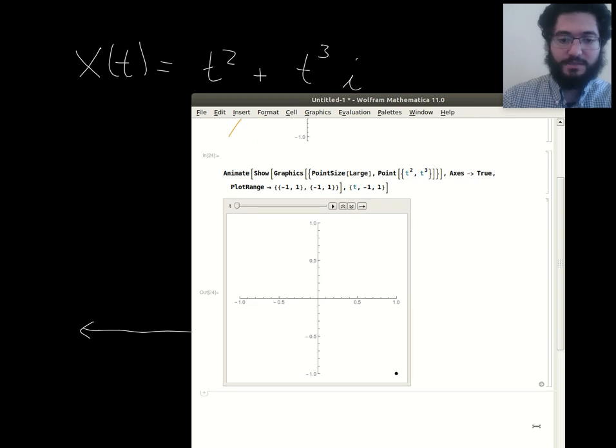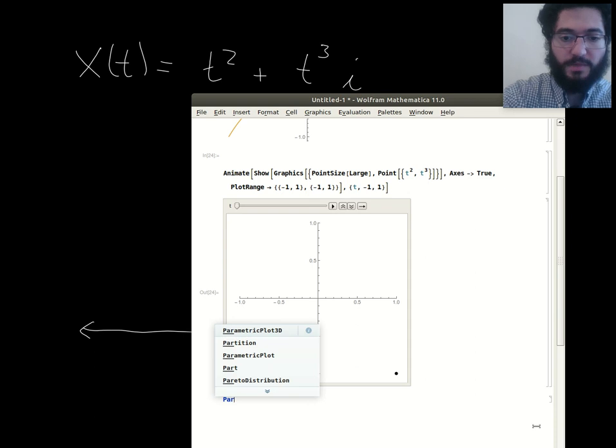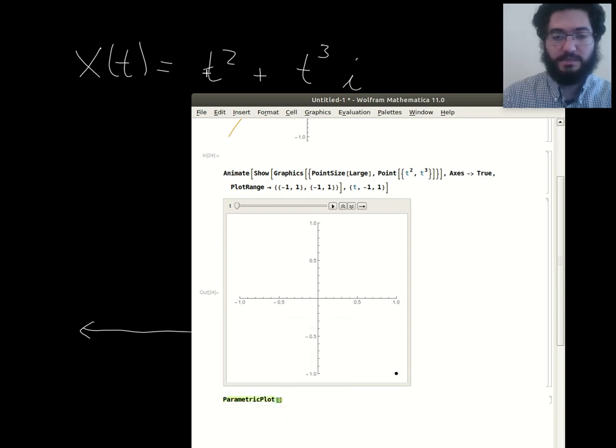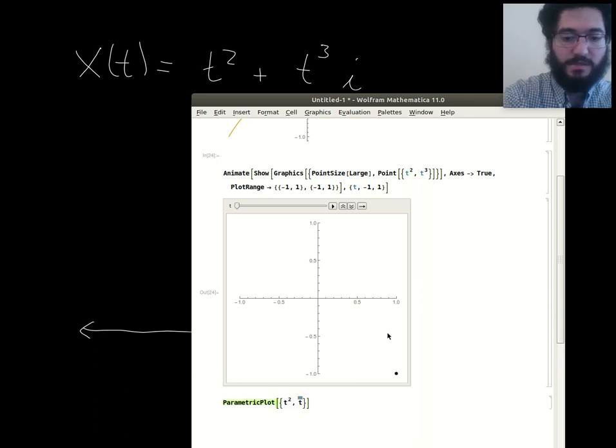So to do that, you can do a parametric plot. I mean, that's what this is basically, a pair of parametric functions. So parametric plot t squared, t cubed, with t running from -1 to 1.